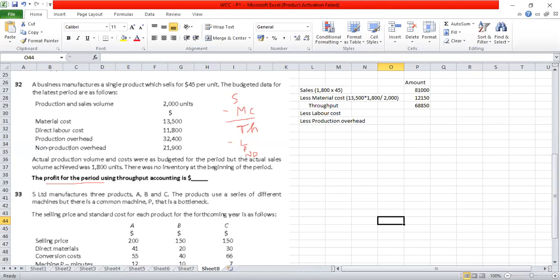Because of the nature that they are fixed, nothing is charged to the ending inventory. That is the way the accounting system assumes it. Therefore, though technically all direct costs are variable in nature, and it is mentioned as direct labor, all labor costs are taken to be fixed cost. So for that reason, we have to deduct it here.